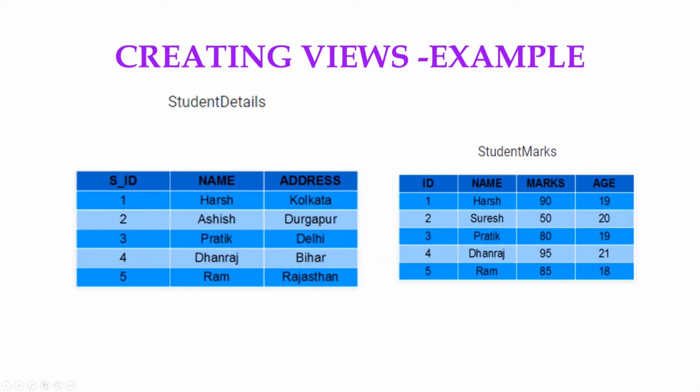So what I am choosing is where the names of both tables are the same, and for those records I have to display the name, address and marks. So which records are matching? First one, Harsh, is matching, then Pratik is matching, Dhanraj is matching and Ram is matching, right? So totally 4 records are matching. For these 4 records, I am going to display the name, address and marks from both tables. Let us see the output here.